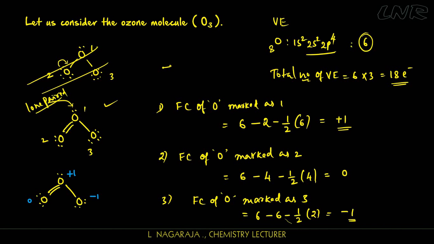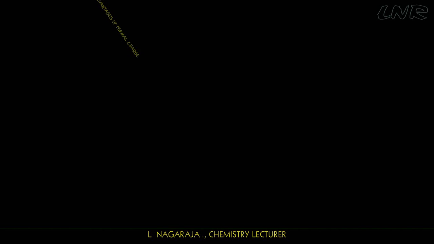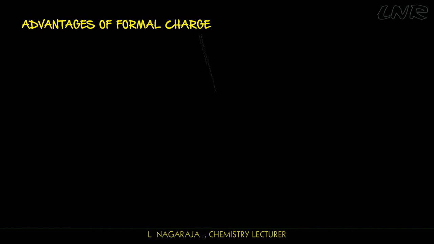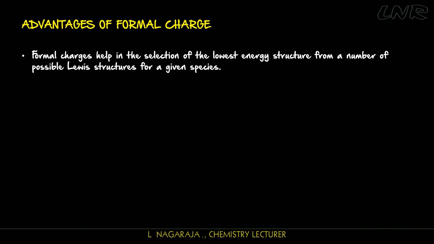Next, let us see the advantage of the formal charge. By calculating the formal charge of the atoms present in the molecule, we can identify the lowest energy structure from a number of possible Lewis structures.